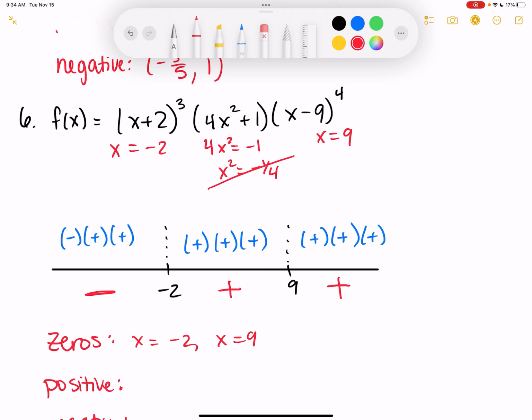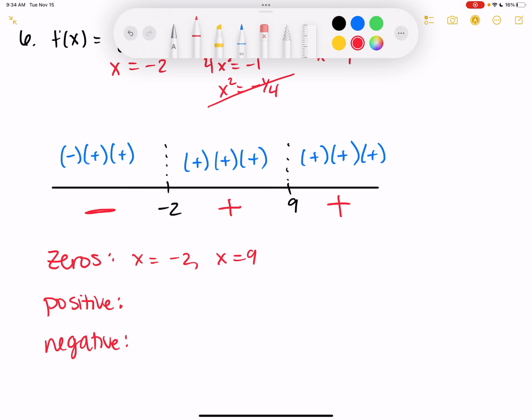It just means that there's a 0 and then it continues to go positive. So our positive region is from -2 to 9, union 9 to infinity. So that means everything except for 9, from -2 on. Then our negative region is -infinity to -2.